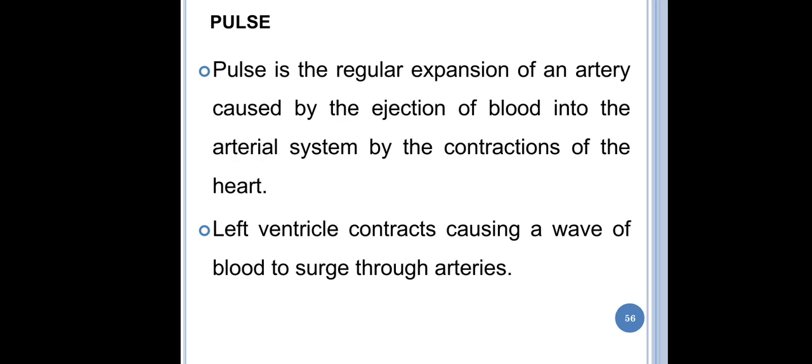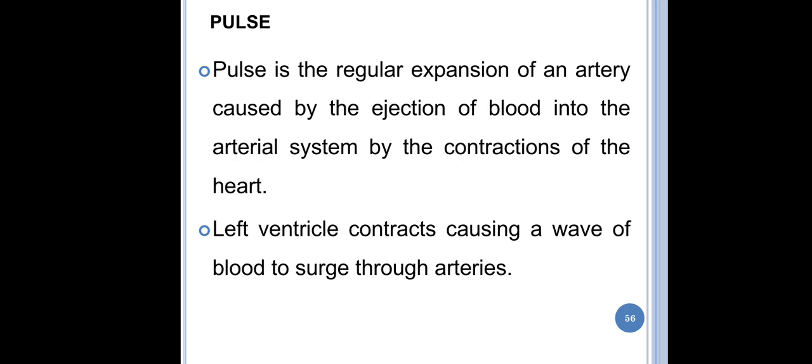Looking at the electrical system of the heart, the pacemaker cells, which are the SA node, are the ones responsible for determining whether the pulse is abnormal or normal.